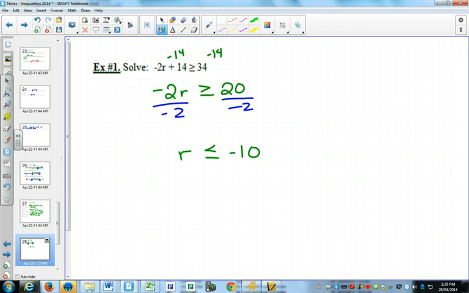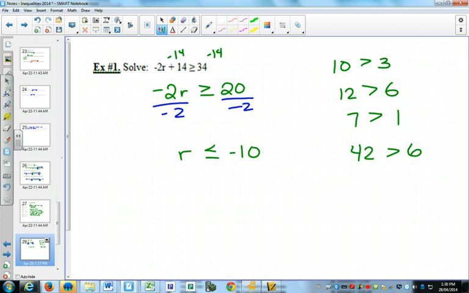Now I'll show you why that happens. Would you agree that 10 is bigger than 3? Yes. If you add 2 to both sides, is it still true? And if you subtracted 5 from both sides, it still would be true. If you would multiply both sides by a positive number, if I'd multiply both sides by 6, is that still true? 42 is still bigger than 6.